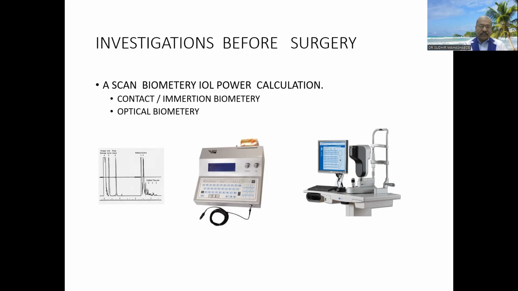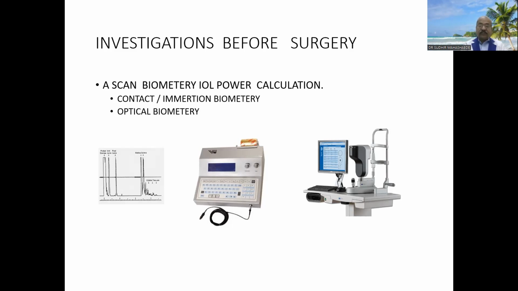There are various techniques: the regular immersion biometer, the contact biometer, and nowadays the more advanced optical biometry, with which, by a non-touch technique, you can measure the axial length of the eye and the radius of curvature of the cornea.